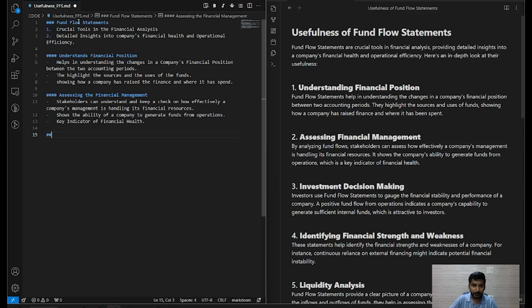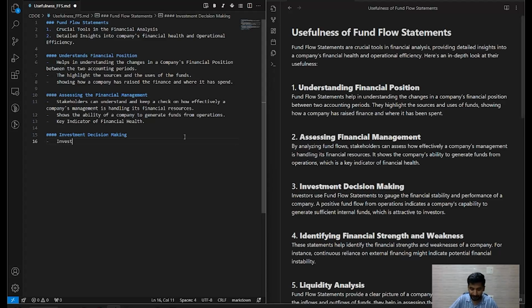The third usefulness is for investment decision making. It is useful in investment decision making. How? Investors use the fund flow statements to gauge the financial stability and performance of the company.